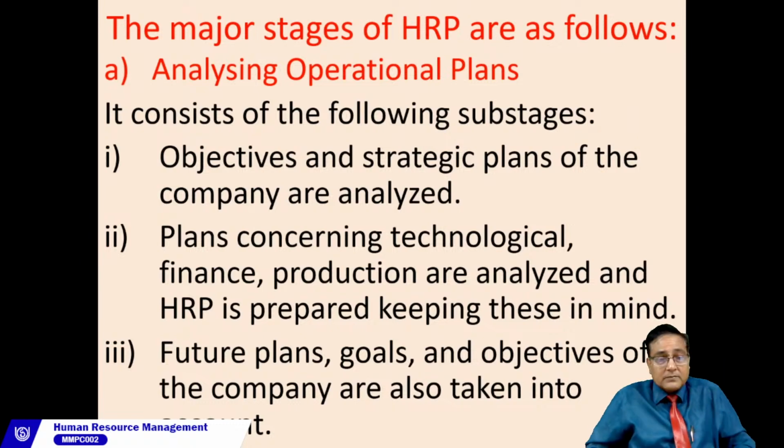Then, plans concerning technological, financial, and production matters are analyzed, and HRP is prepared keeping these in mind. Finance, production, and technology are also important determinants which are kept in mind when you are planning human resources for any organization.